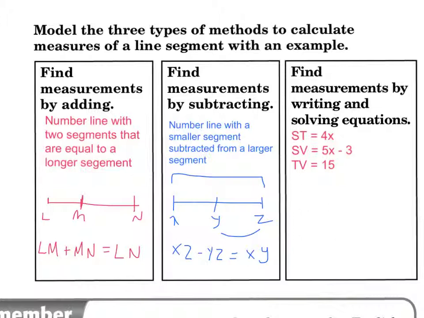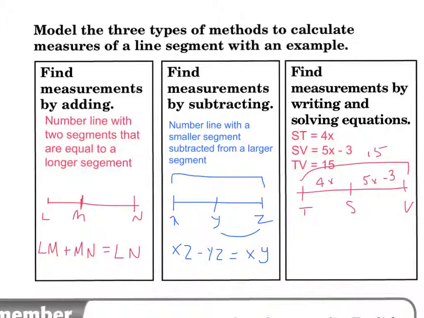So let's draw what that looks like. We've got a segment here, and notice how S is in both of them. That means S is in the middle. We've got S to T for the first one, and S to V for the second one. Now this is 4x, this is 5x minus 3, and this whole length from here to here is 15.